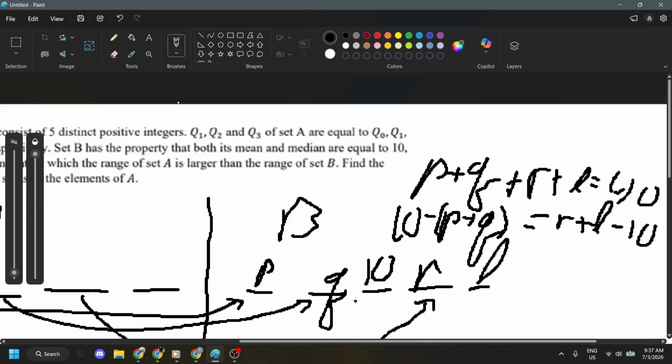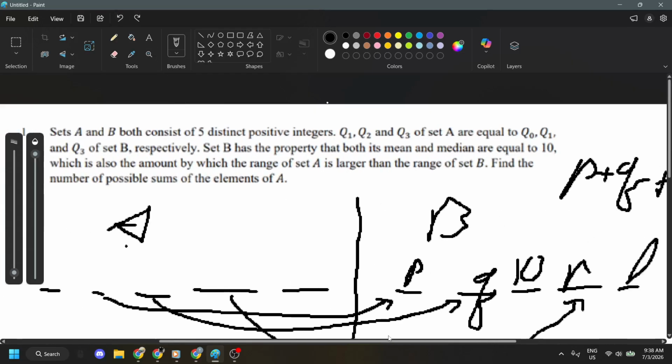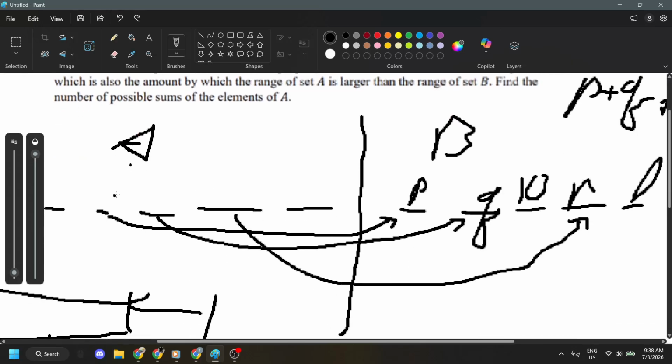I think. The sum of these will deviate from 10 by however much. I don't know what I'm trying to say. So it has to be P, this has to be Q, this has to be R.